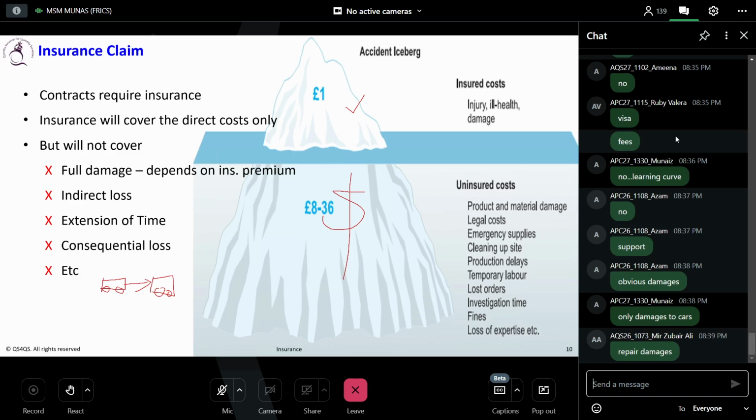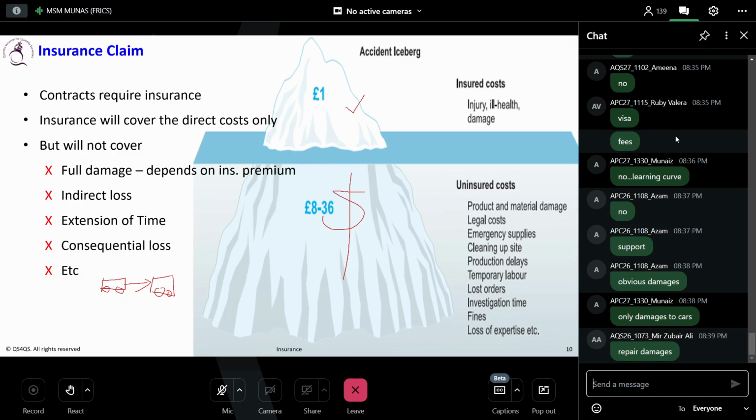Let's say a major accident happened. Maybe major injury to the body. The medical can be covered, but let's say somebody becomes permanently disabled. What can insurance cover? Can it take them back to their previous life?